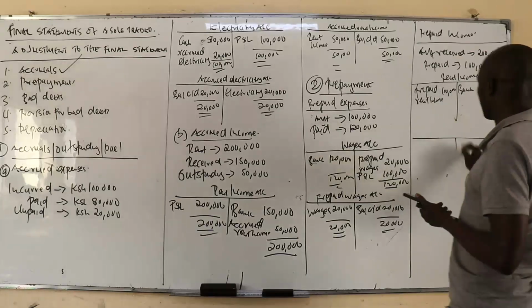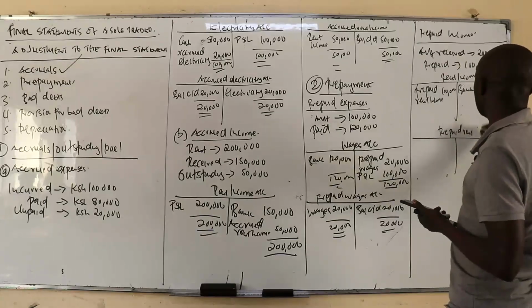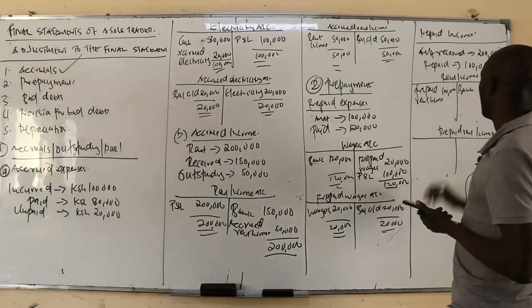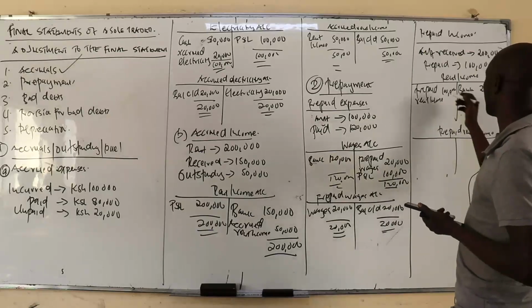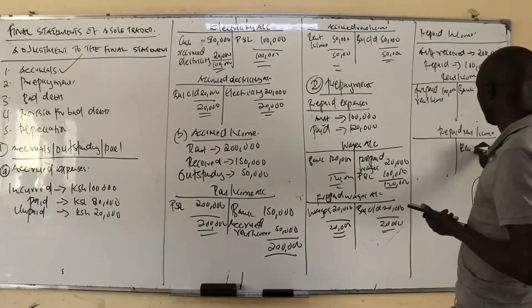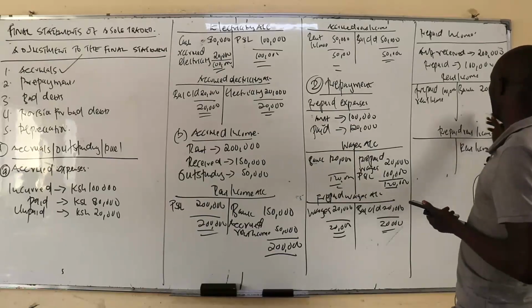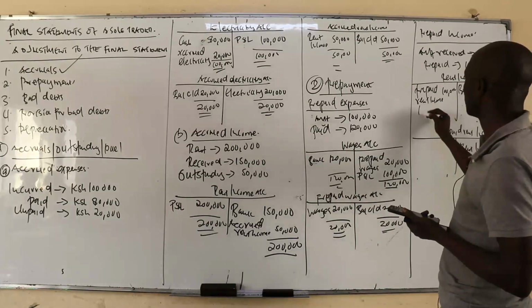Then here we write prepaid rent income. So here we have credited, here we have debited, here we credit. We say here rent income, which is 100,000.